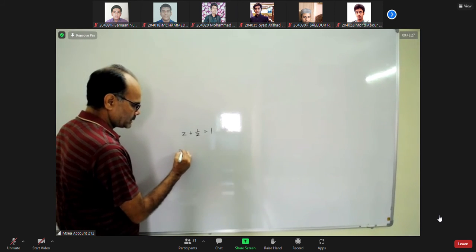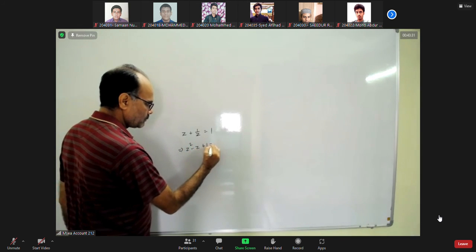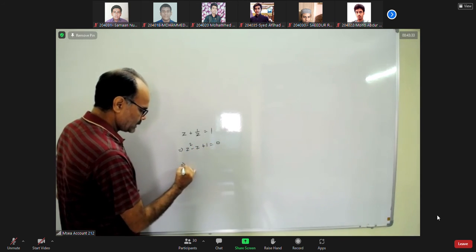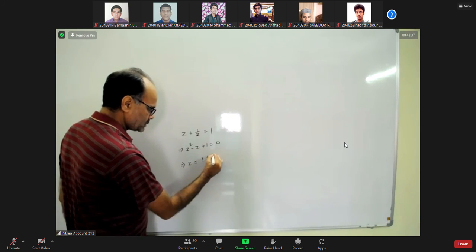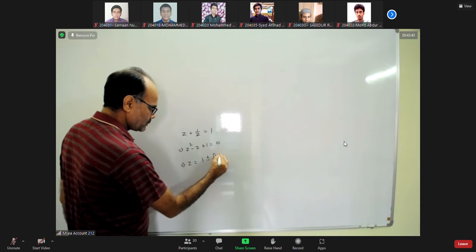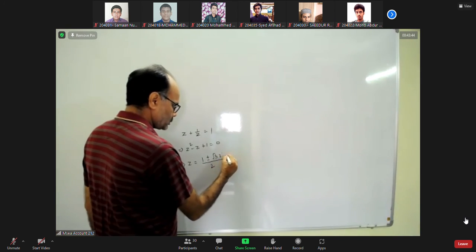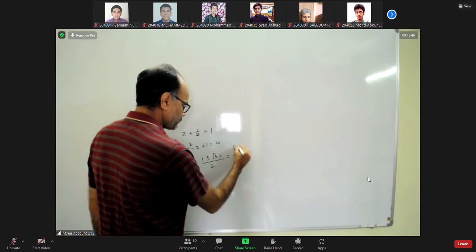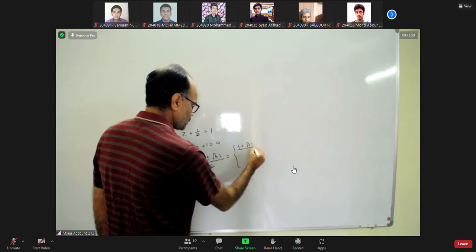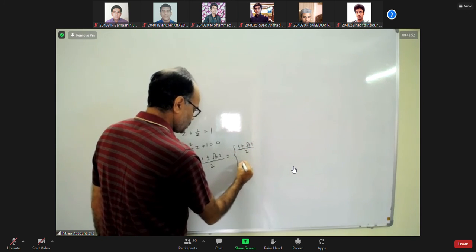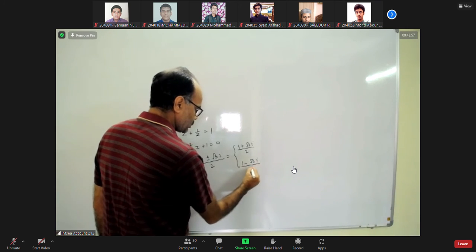This is quadratic in z. So we get z equal to minus b plus minus root 3i by 2, so this equals 1 plus root 3i by 2, 1 minus root 3i by 2.